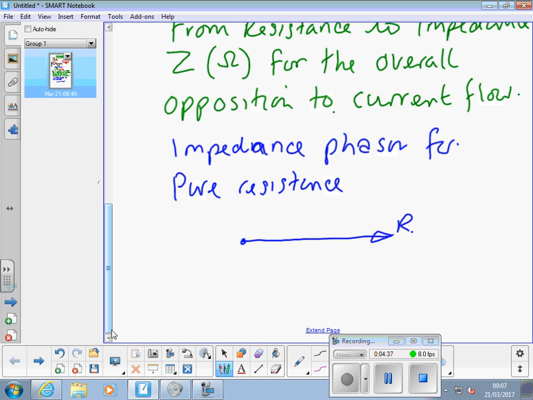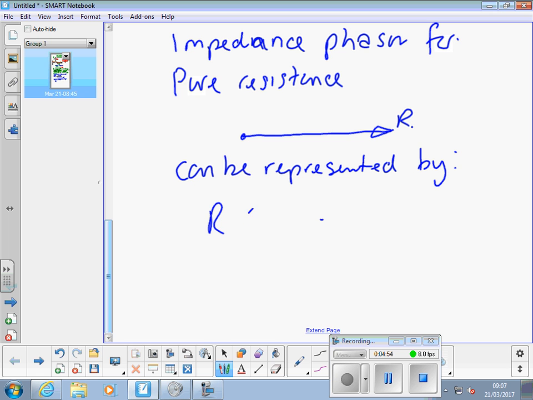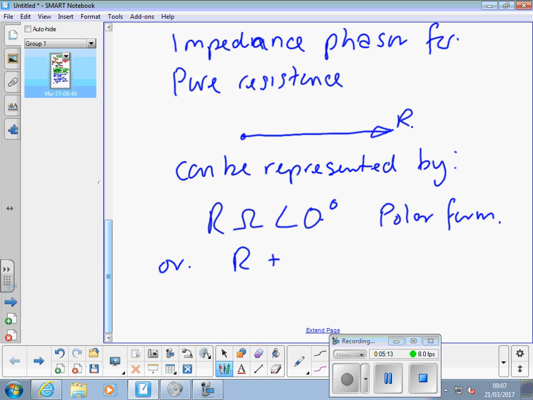So the angle of 0 degrees can be represented by R ohms angle 0 degrees, polar form, or R plus 0j ohms in rectangular form.